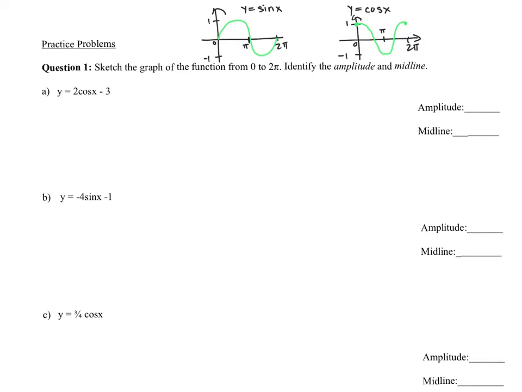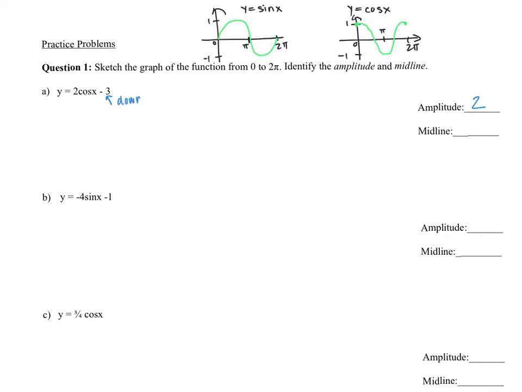So first off, I understand that in part A, I have a cosine graph, so I'm going to be looking at this type of graph. I'm going to be graphing something that looks like a U. And it has an amplitude of 2 because 2 is the number in front, so I know my amplitude is 2. I also see that there is a vertical shift because this number is to the side of the function and it's attached with a minus sign. So I know this is a downward shift.